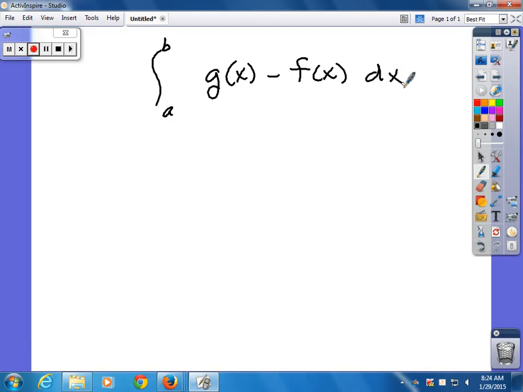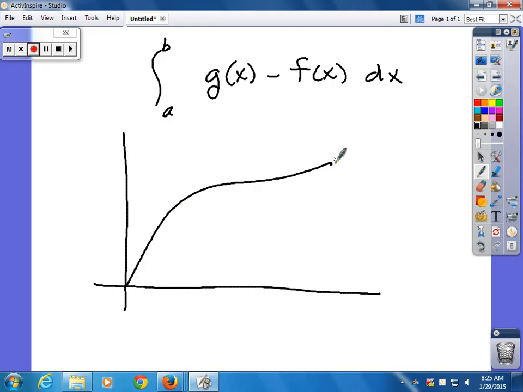Let's just start off with something simple. Let's say you have this function and you have this function right here. Well, let me go back and change one of them to red.